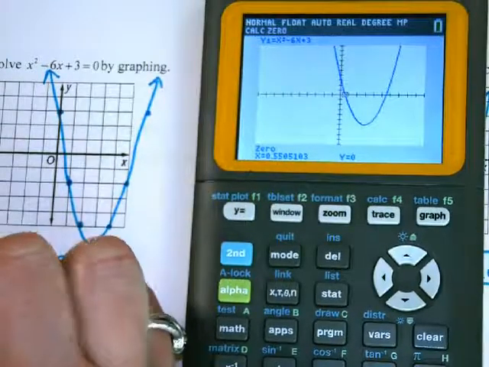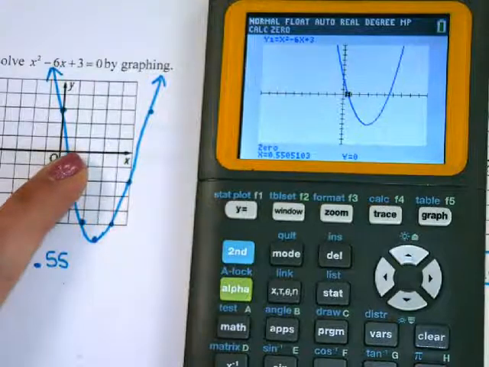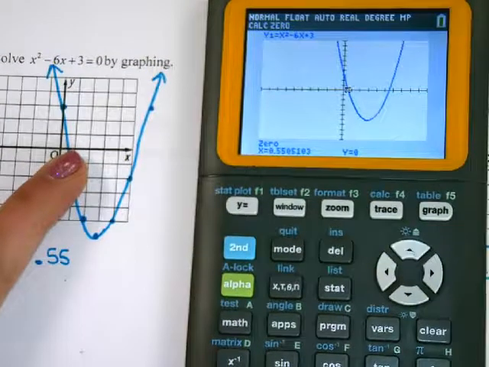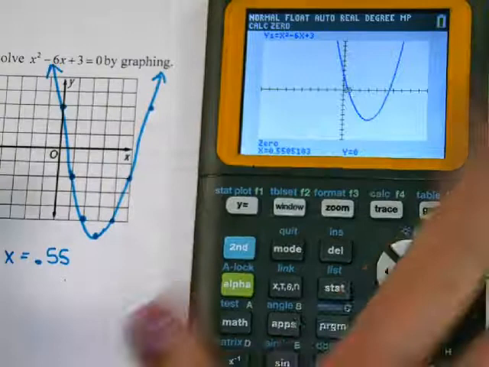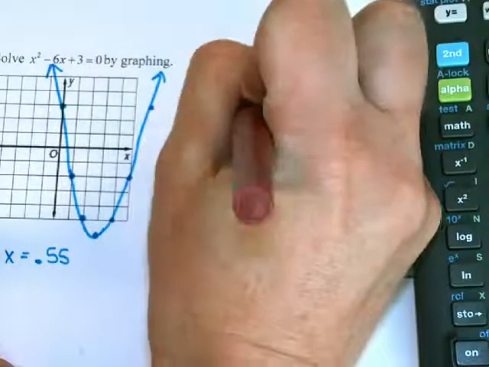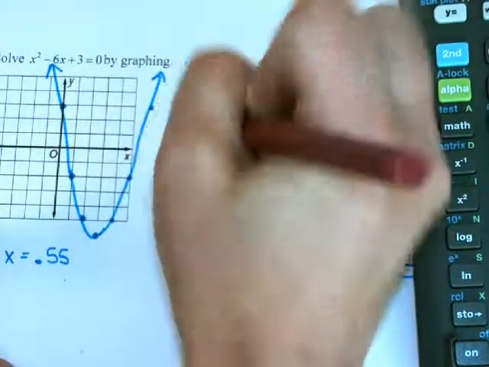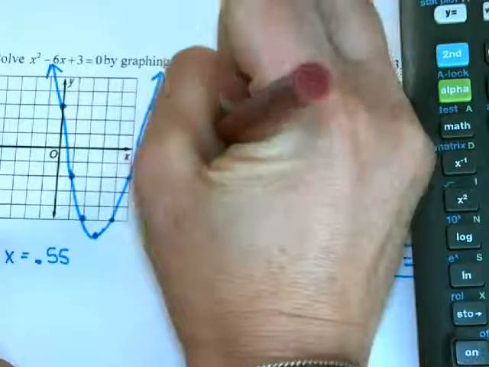Which is good because we said it was somewhere between 0 and 1. All right, so my spider, this guy opened up. I put my left bound above, my right bound below, because I want to look in between them.